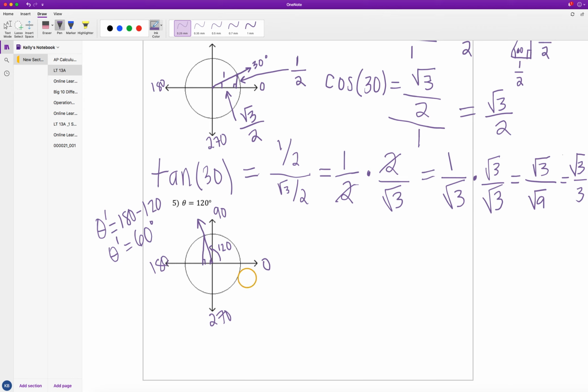Which means this angle down here that's attached to the origin and inside the triangle is going to be 60 degrees. I'm going to try to label it from the side here, but this angle right there is our 60 degree angle. It's this one that I've colored completely in purple. It's attached to the origin and inside that triangle. What that tells me then is I'm looking at a 30, 60, 90 triangle.